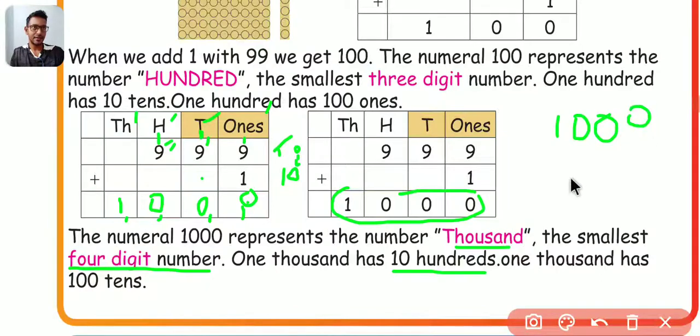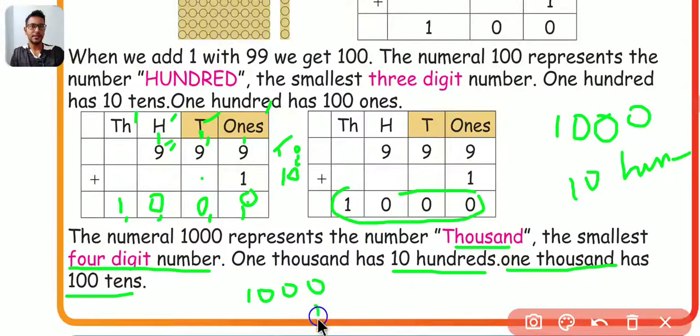There are 10 hundreds. That is the thing they are mentioning. 1000 has 100 tens. In 1000 how many tens? There are 100 tens. That's all.